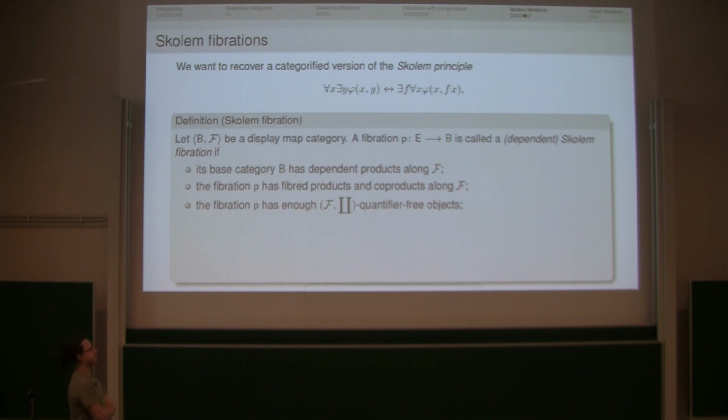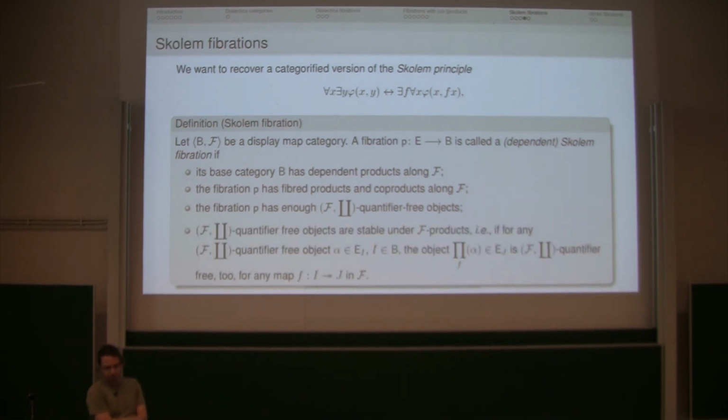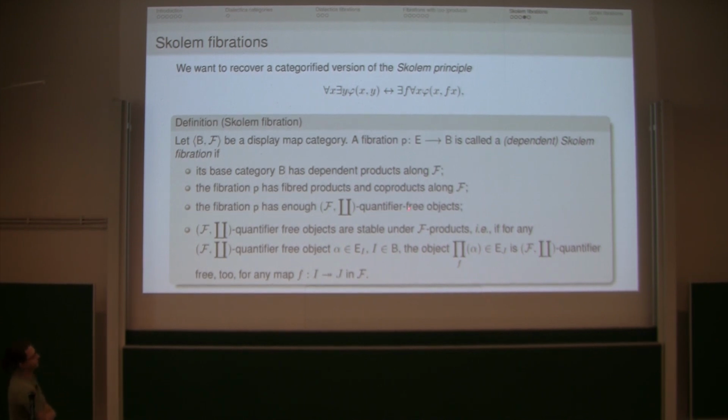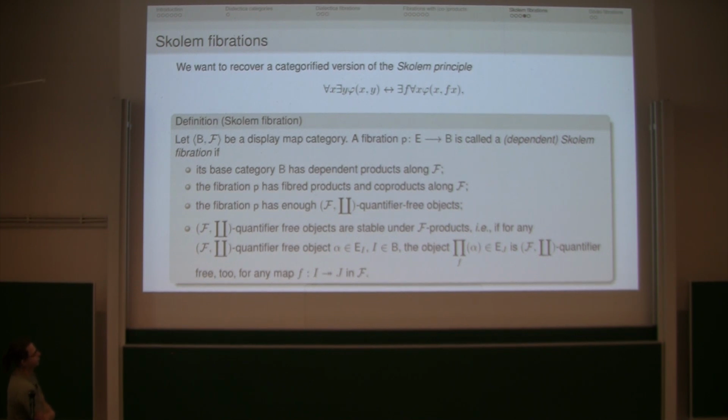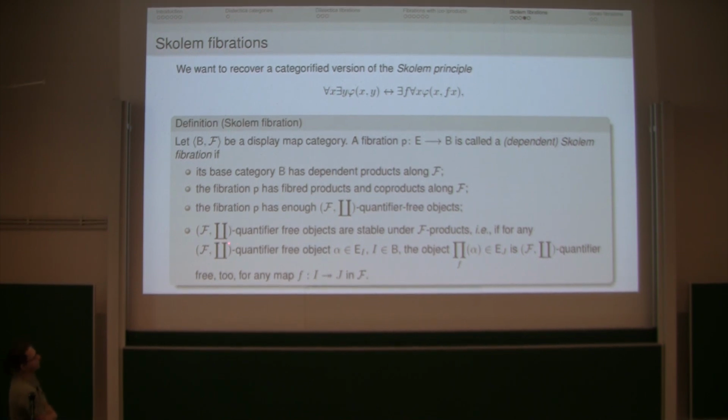Inspired by this, we look at this notion of dependent Skolem fibration, in which it's sufficiently complete and enough of these quantifier-free elements exist, and furthermore, the co-product quantifier-free elements are stable under products.